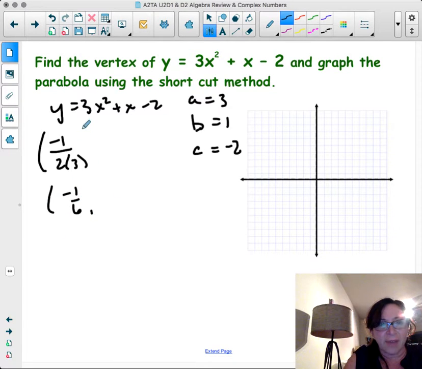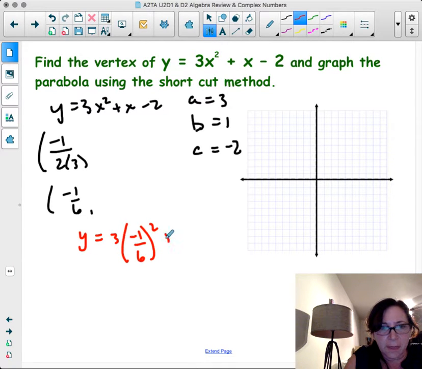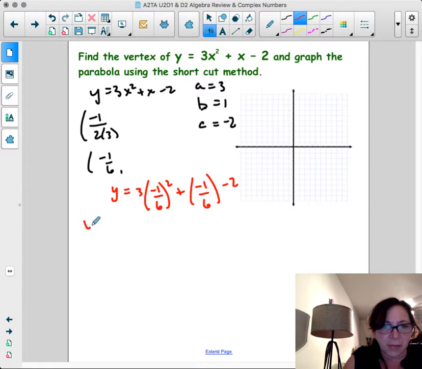I'm going to take that value and plug it back into the equation. And so I'm going to have y equals 3 times (negative 1 over 6) squared plus negative 1 over 6 minus 2. And that's going to be y equals 3 times 1 over 36 minus 1/6 minus 2.